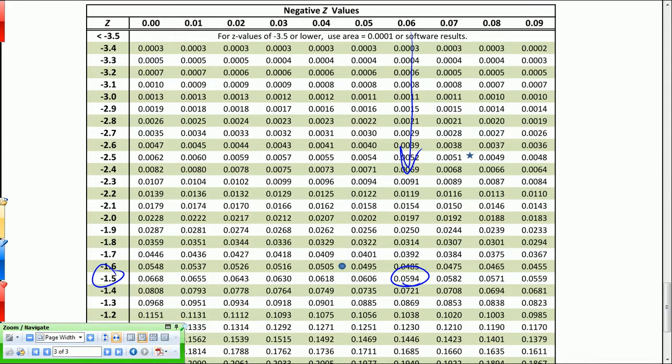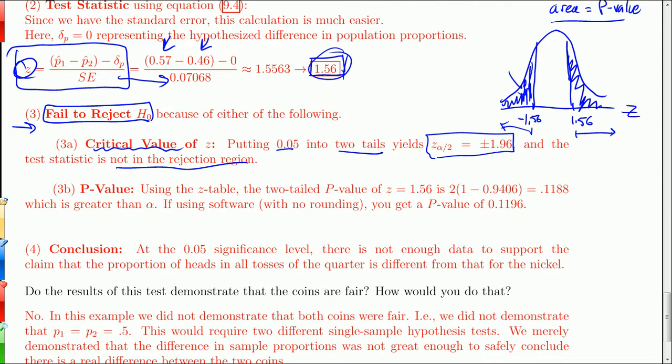We'll take that back to our problem. I guess whenever I did this answer in the back of the book, it looks like I'm taking 1.56, taking the area to the left and subtracting that from 1.